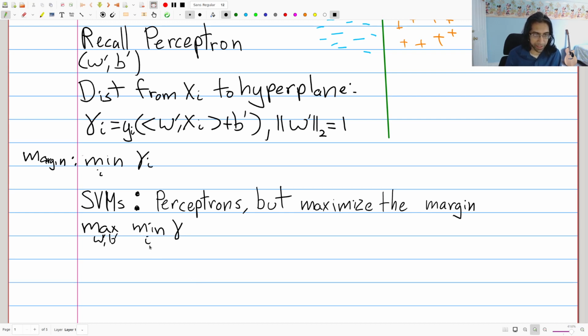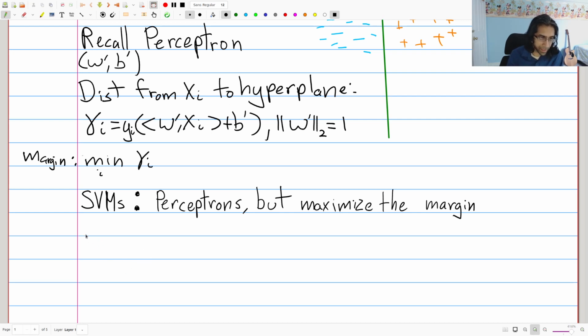Let me write more precisely what exactly the SVM solution is and how it corresponds to this goal to maximize the margin. I'm going to write it in a way that is less common first, and then we'll translate it to the more common version of the optimization problem.